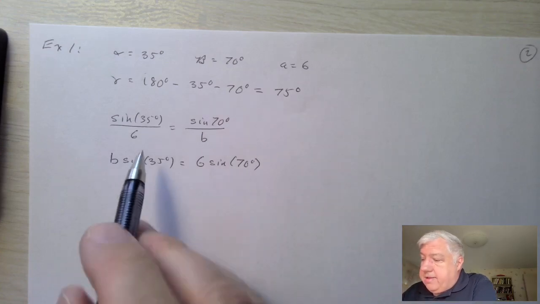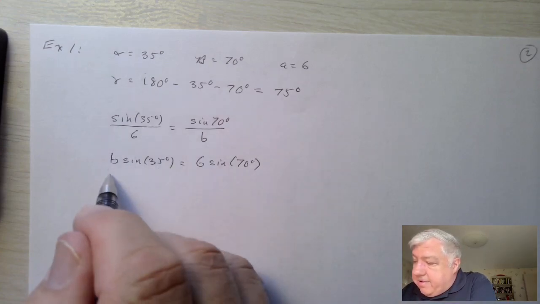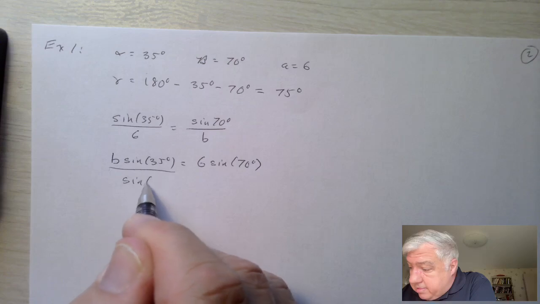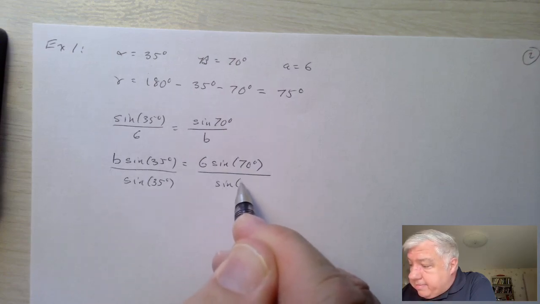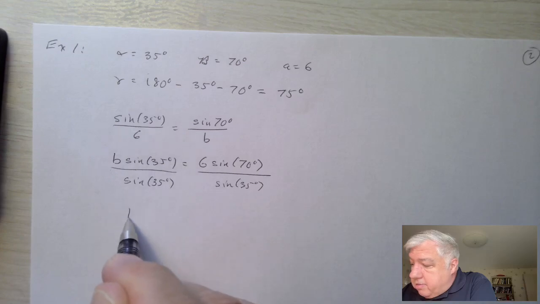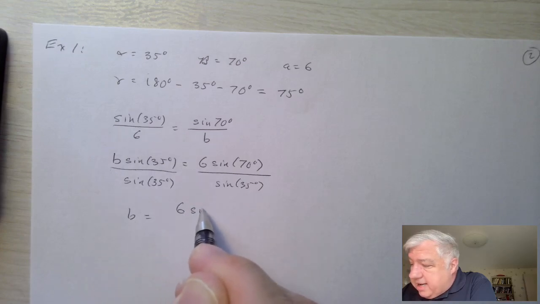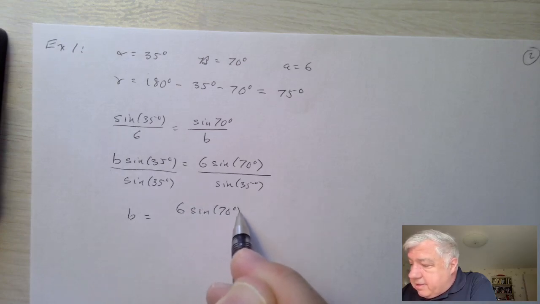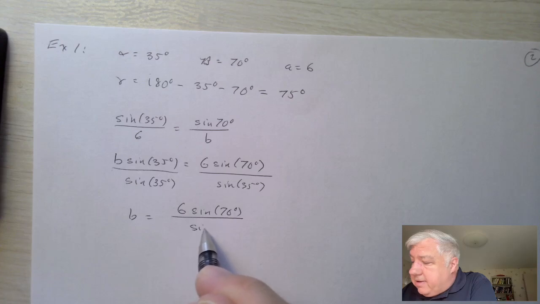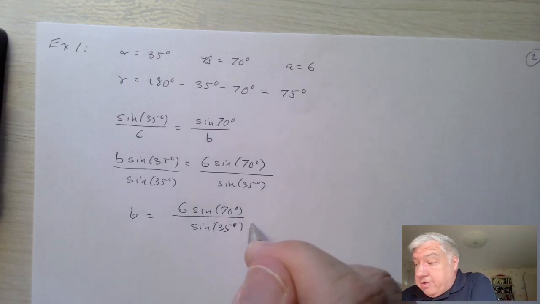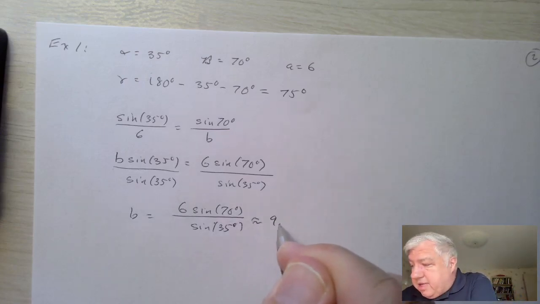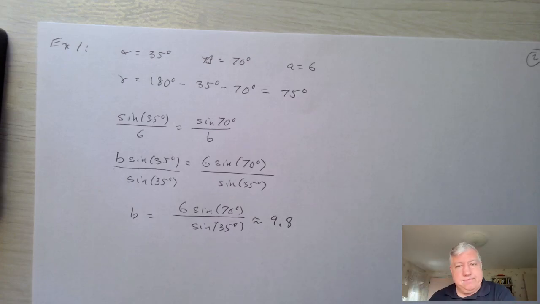Then divide both sides by the sine of 35. So B is going to be 6 times the sine of 70 degrees divided by the sine of 35 degrees. Making sure that your calculator is in degree mode, this is approximately 9.8.